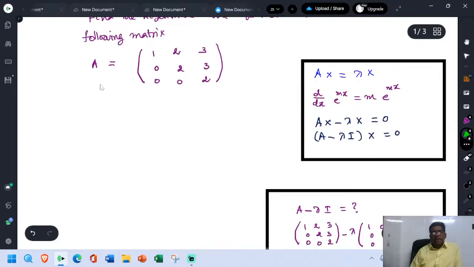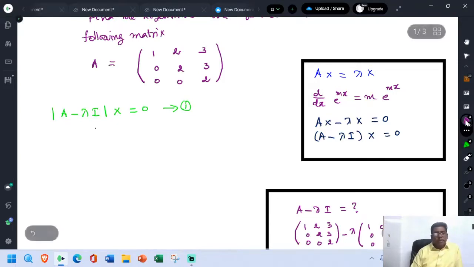Now we have to write the characteristic equation for the given matrix. (A minus lambda I) x equal to 0. Inside the determinant we write A minus lambda I. Here the function x is not equal to 0, therefore the determinant of A minus lambda I should be 0.